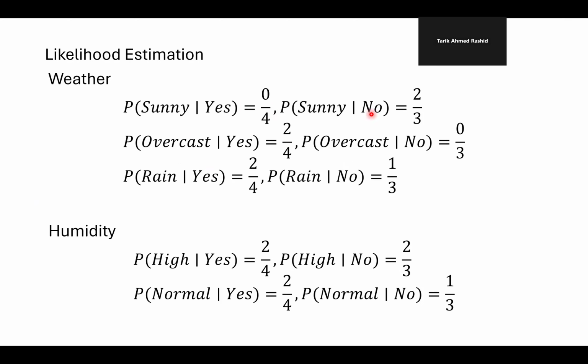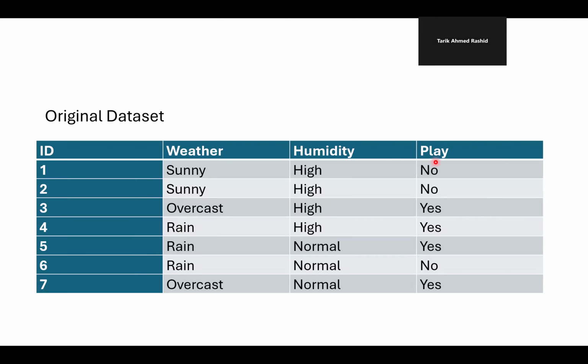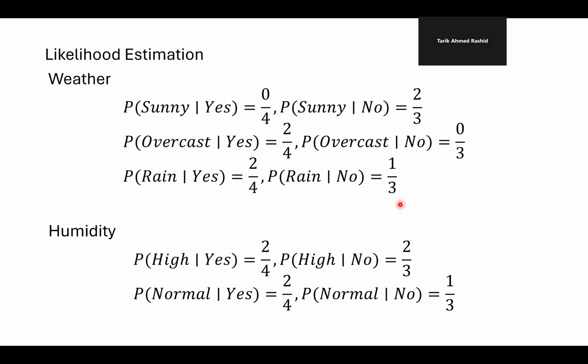Now, the probability for sunny given no: we have 2 no's for sunny, over the 3 no's in the whole data set.